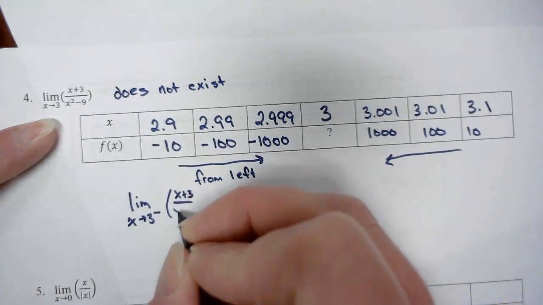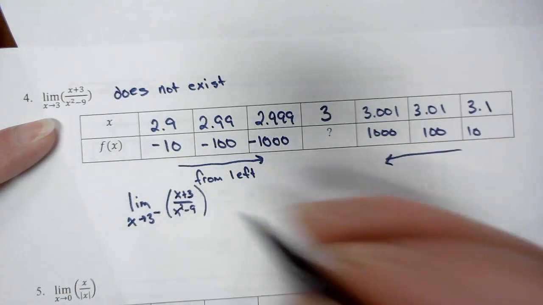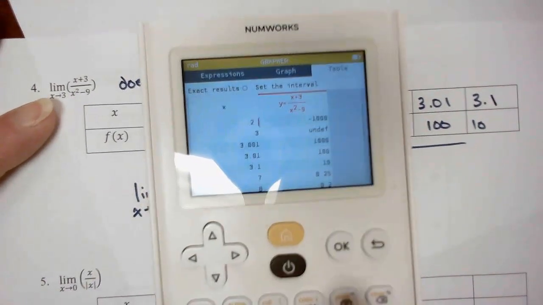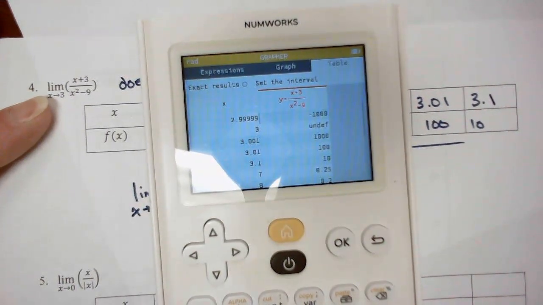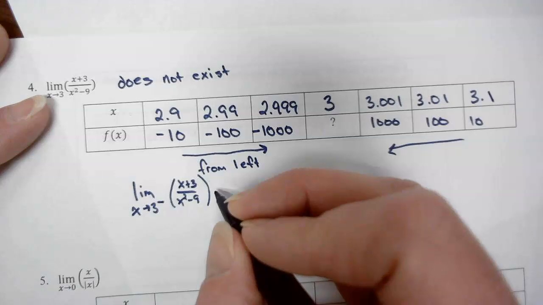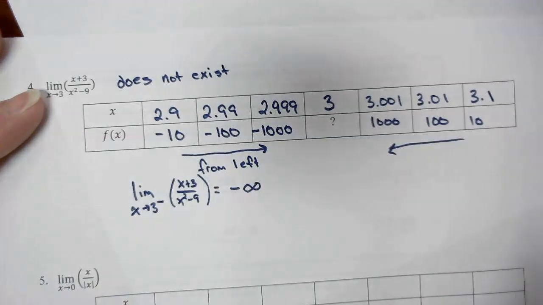What is it approaching? It's getting more and more negative. So if I put in, I'm just going to go up here and change this, 2.99999. Wow, it's negative 100,000. It's getting more and more and more negative. So it's actually approaching negative infinity.